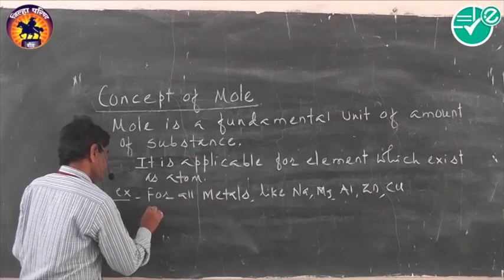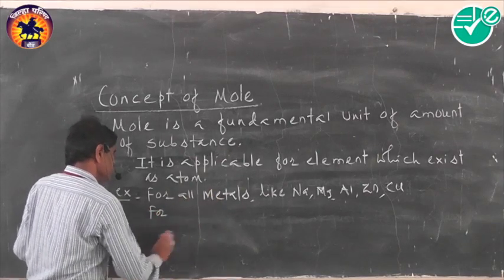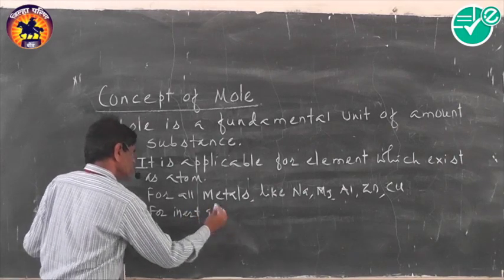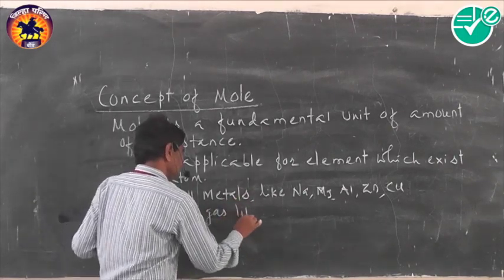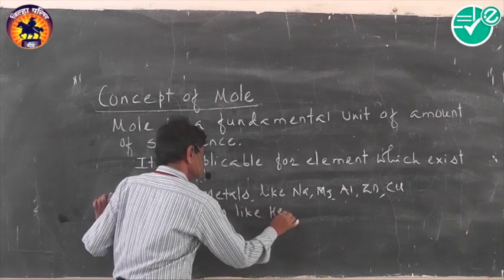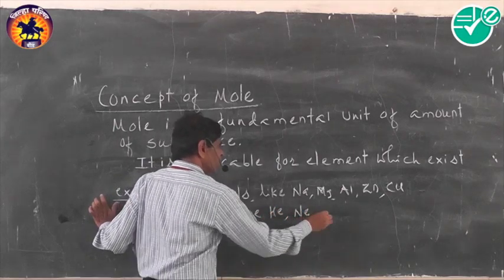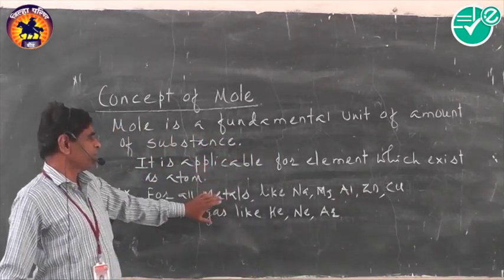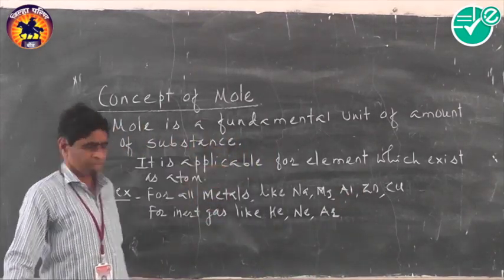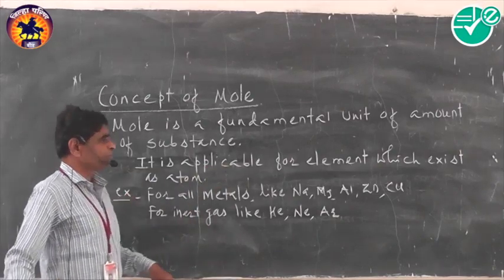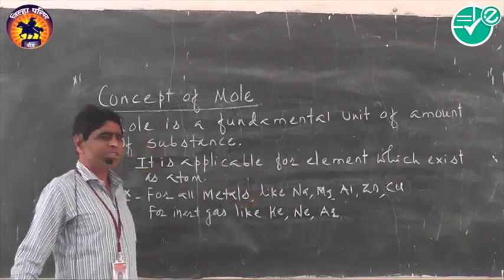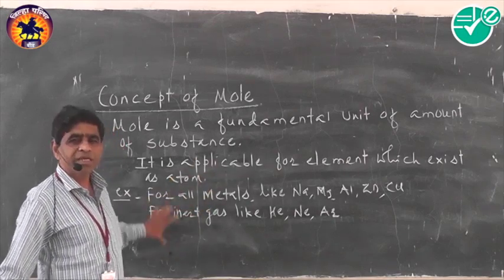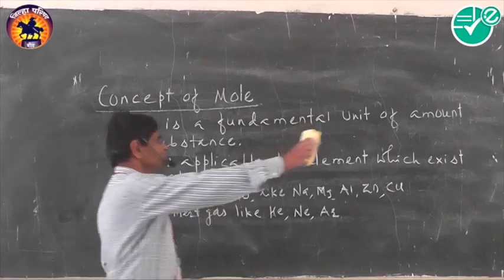Similarly, for inert gases like helium, neon, argon, their 1 gram atomic mass is considered as 1 mole. And thus remember, if the mass of such an element is expressed in gram, then you can easily calculate its moles.